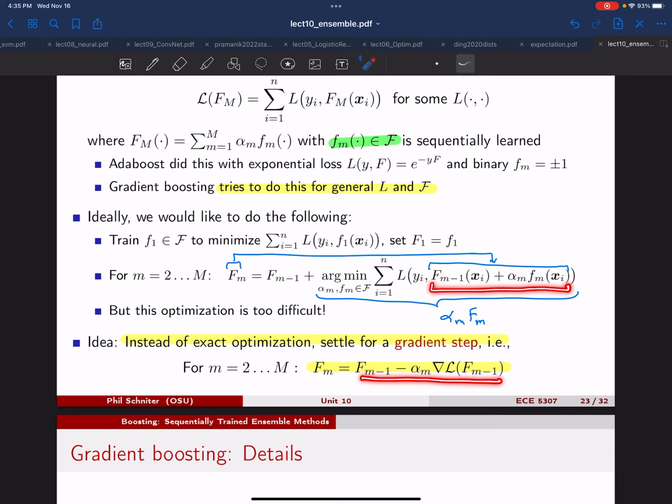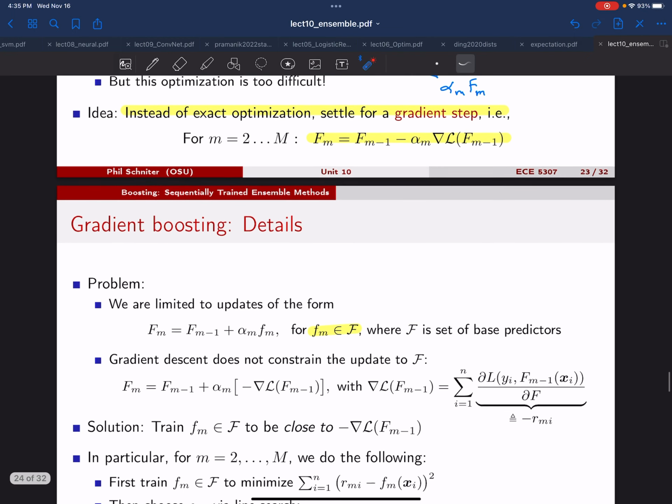You can see that this will have the structure we want, but this will not necessarily have the structure we want, because we can't guarantee that the gradient here gives us something that is in this set of classifiers. So that's the problem.